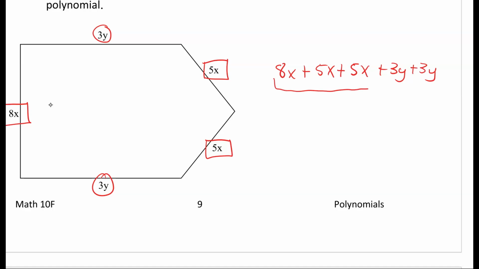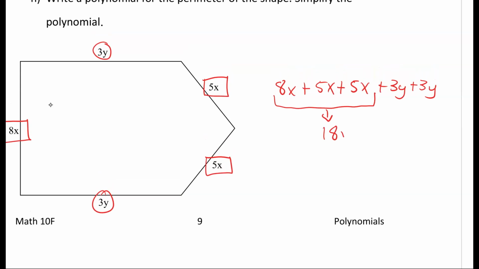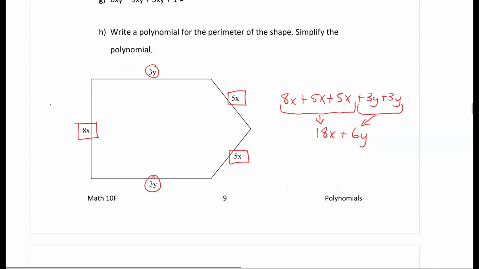To combine my like terms, I want to put 8x plus 5x plus 5x together, giving me a total of 18x. And then I have my y's, which is plus 3y plus 3y, gives me positive 6y. And that's going to be as simplified as we can make this perimeter.